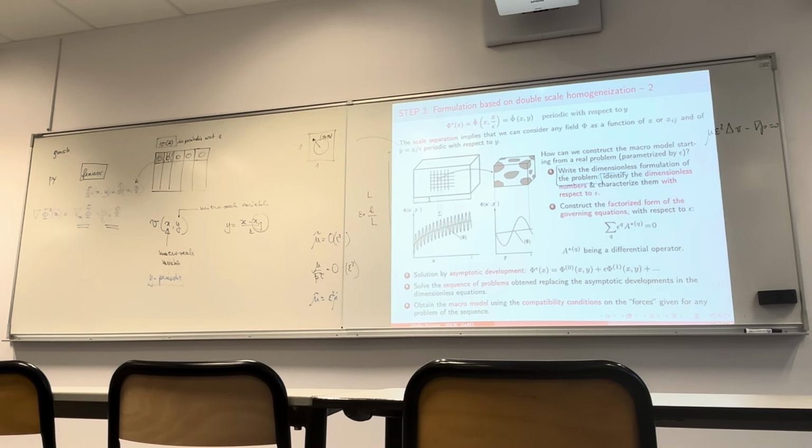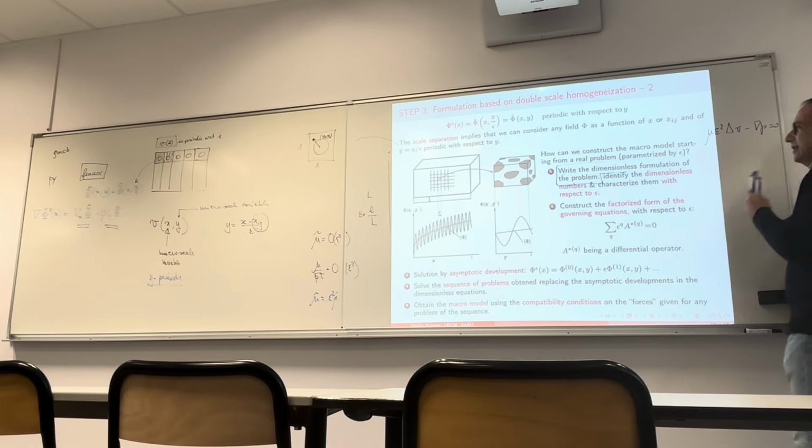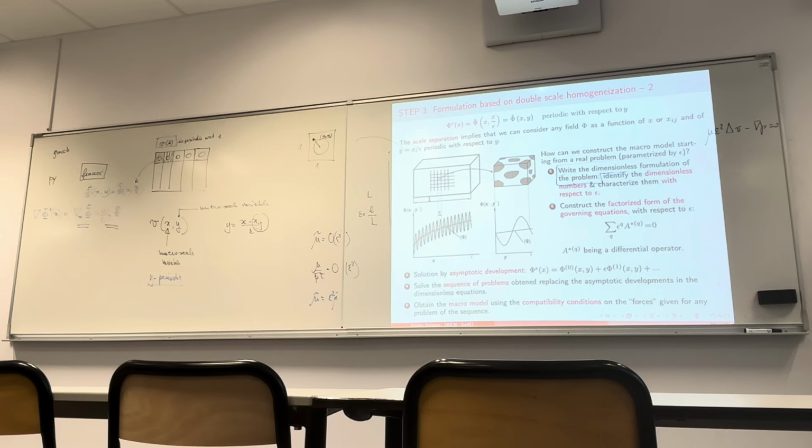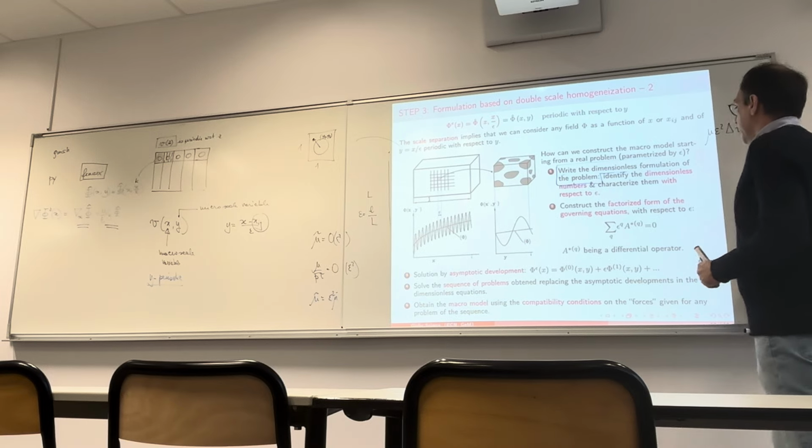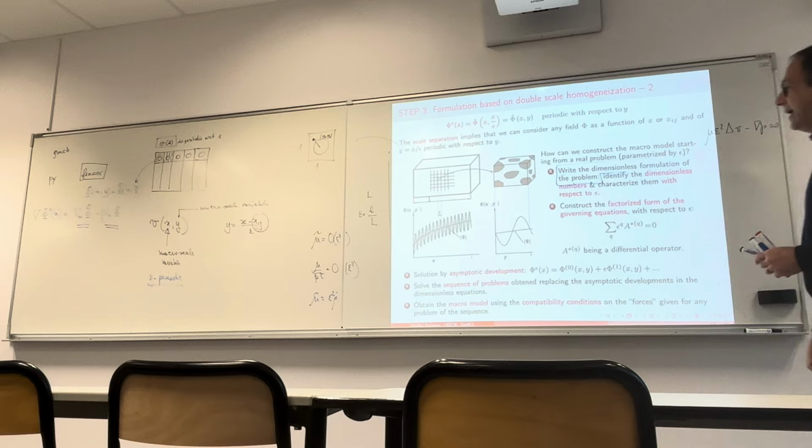The Laplacian is dimensionless, the gradient is dimensionless, the p is dimensionless. Okay, we agree that everything is dimensionless. I eliminate the tildes. Okay, but this is a dimensionless form. So you see that you have this term which is of order epsilon square, and this is of order 1.